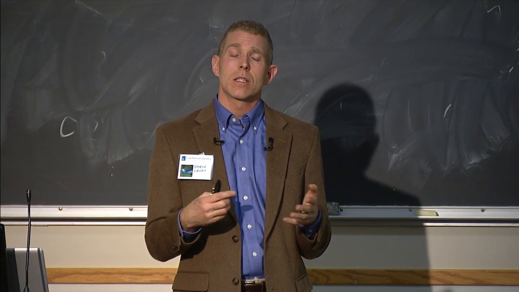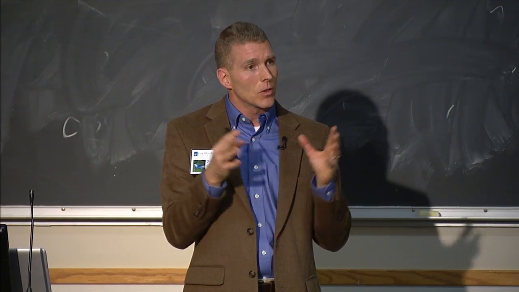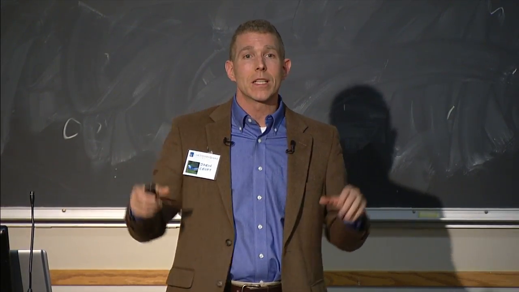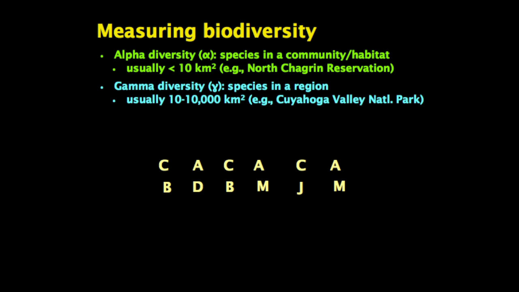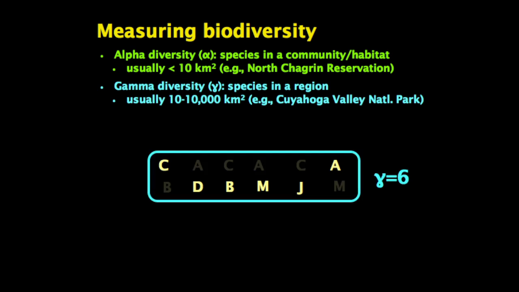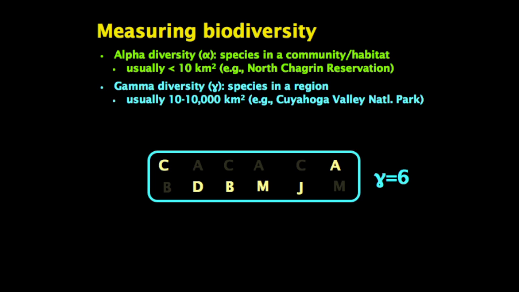And you can imagine that the diversity is going to be different, not only because it's bigger, but because there are more individual habitats in that area. So this may be the area of Cuyahoga Valley National Park. You look at how many species are there overall, you eliminate the duplicates, and you come up with a different number of species that, of course, at least has to be equal to your alpha diversity in one of those subsets.